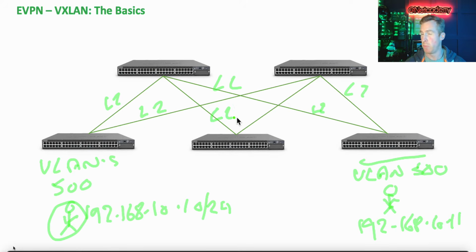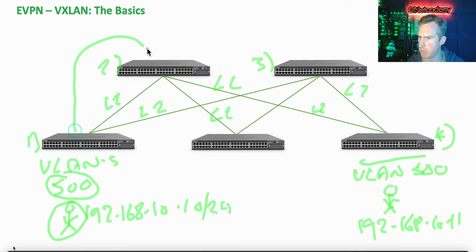That would allow this virtual local area network to feel like it's in the same geographical area, because we're trunking VLAN 500 all the way from this switch, let's call it switch 1, up to switch 2, or maybe switch 3, and all the way down to switch 4. So it would literally be trunking up to here, or across here, and then down to this switch via these two routes.